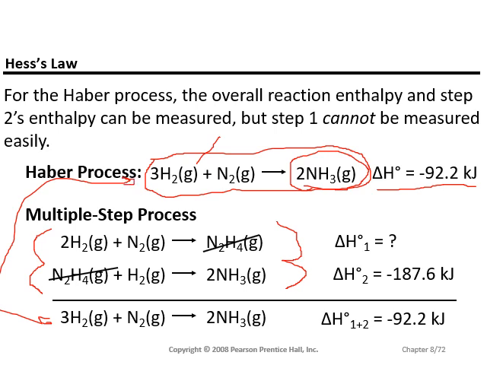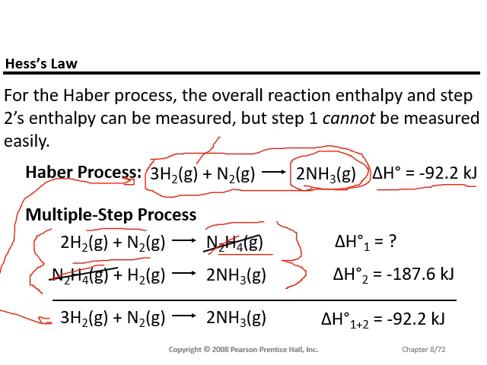So what we're saying here is that if I add everything on the left of this arrow to everything on the left of this arrow and put it down here somewhere, and then if I add everything on the right of this arrow and put it down here, then if I cancel everything that's on both sides of the arrow, just like you would in algebra, which in this case would be the N2H4s, you're going to wind up with N2H4 on the left and the right, so you just cancel them.